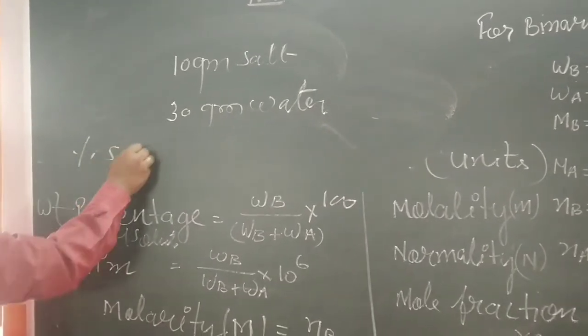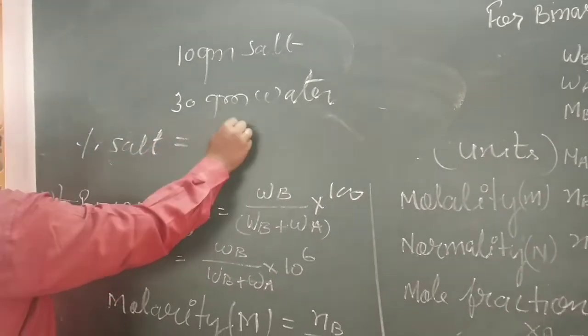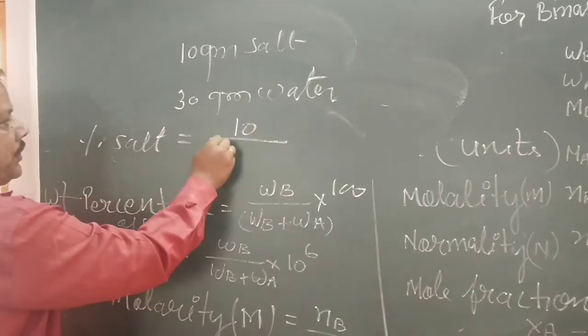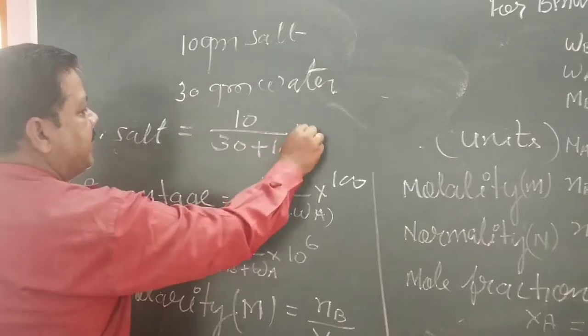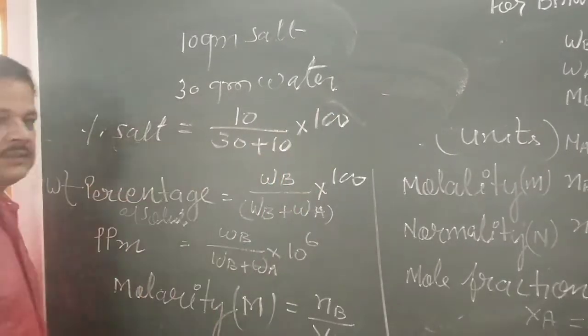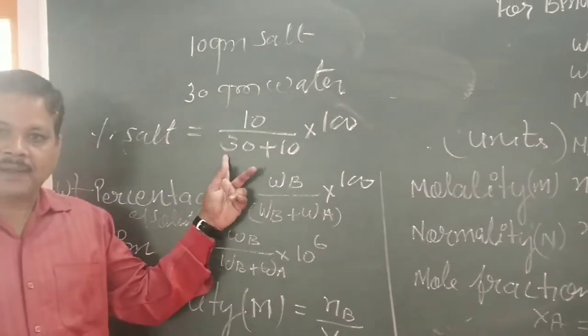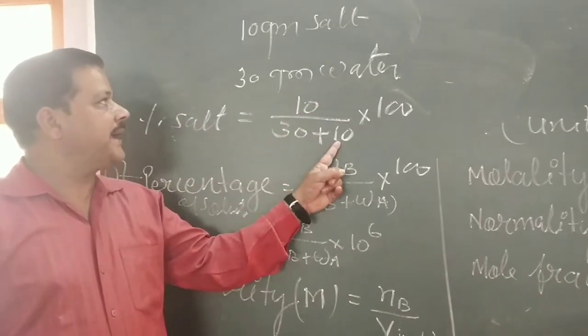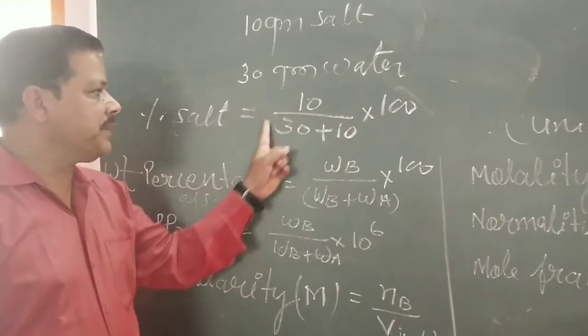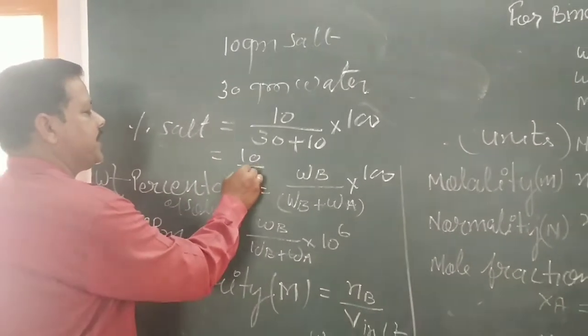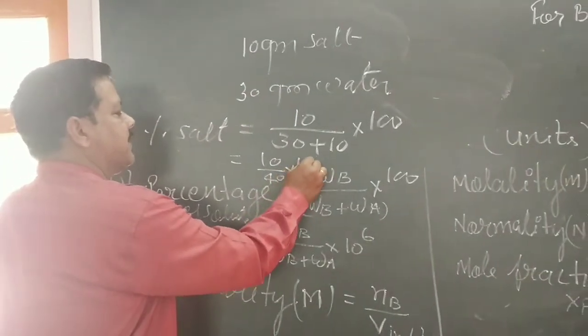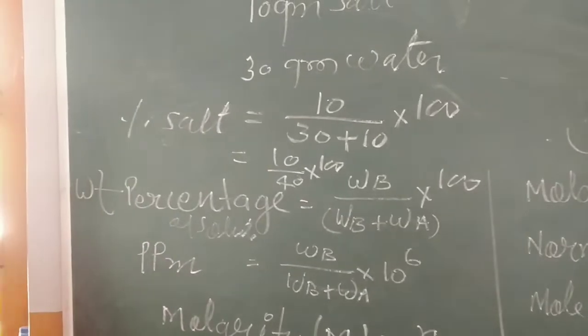Percentage of salt is equal to 10 upon 30 plus 10, into 100. This 30 is the solvent, the water, and 10 is the solute, so this means 10 by 40 into 100. That will be the percentage.